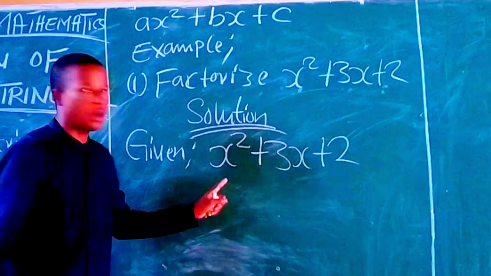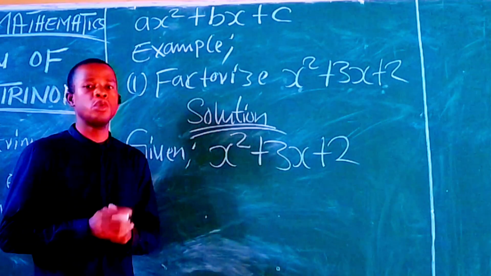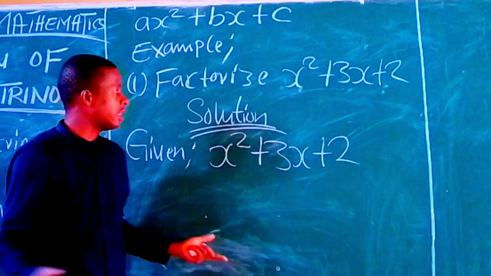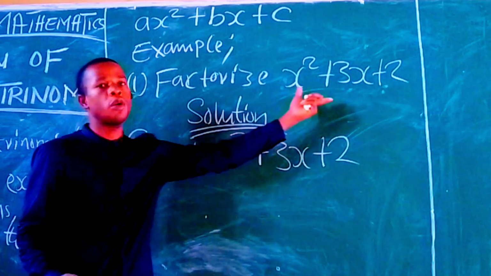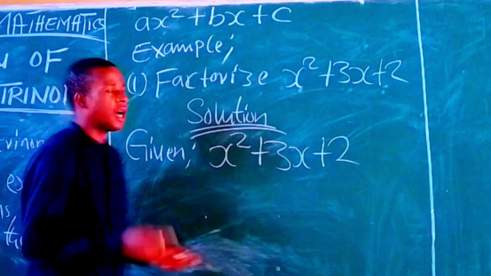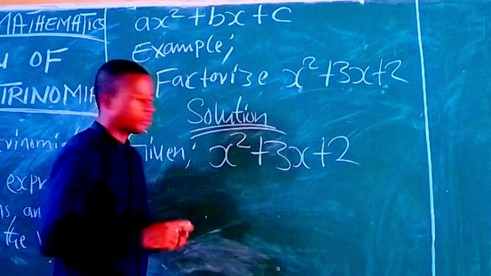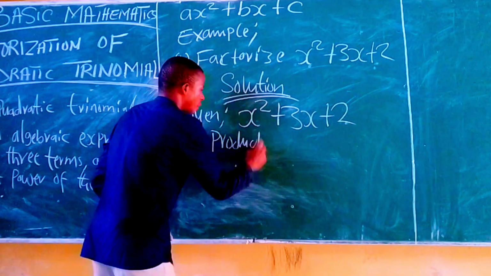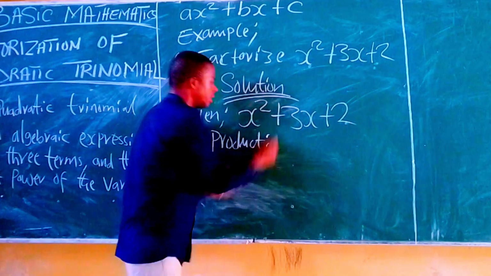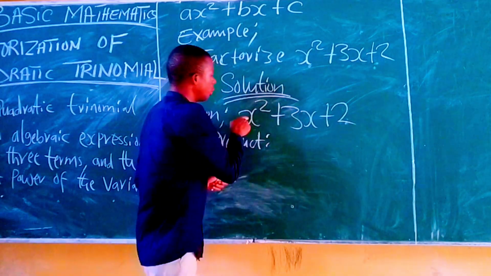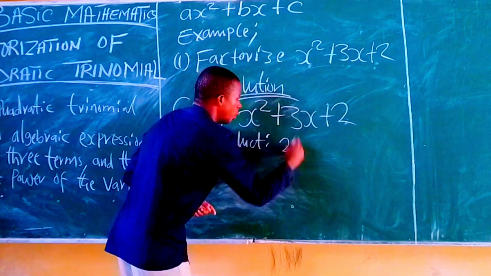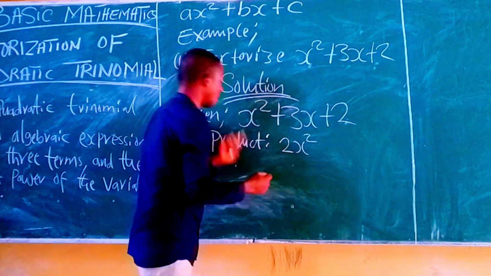Now, for you to be able to factorize, there is a method or step that you use when factorizing a trinomial, or any function that is in the form of 3 terms. Number 1, know their product. Our product is the first term multiplied by the last term. So x squared times 2 gives us 2x squared. So this is our product.